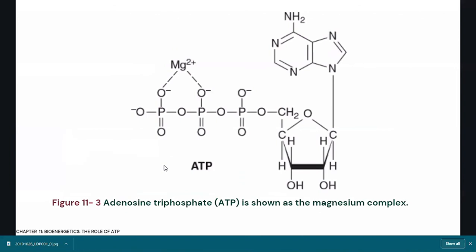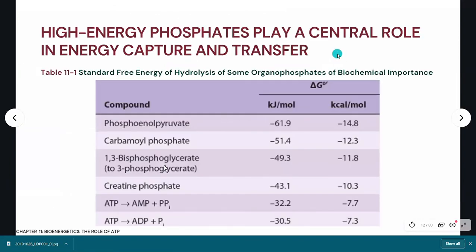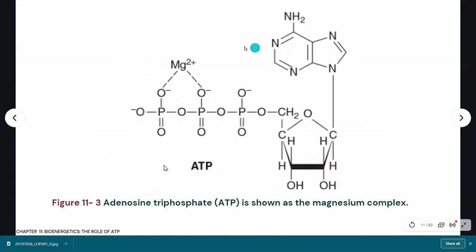What captures that energy is this compound, which you are familiar with, ATP. You have here adenine, which is a purine. You have ribose, which is a sugar. And then you have 3 phosphates. The bond between this carbon and this carbon is an ordinary ester bond.